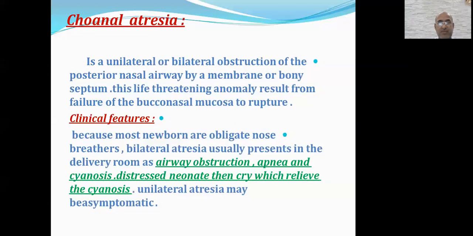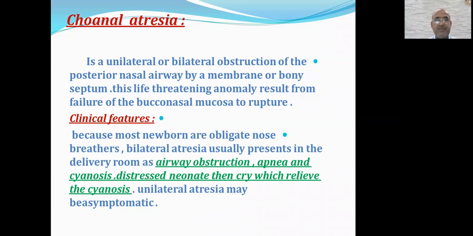It may be unilateral or bilateral obstruction of the posterior nasal airway, of course, by a membrane or even septa formed from bone. This is a life-threatening anomaly resulting from the failure of the bucconasal membrane to rupture. Of course, it's life-threatening in case of bilateral.